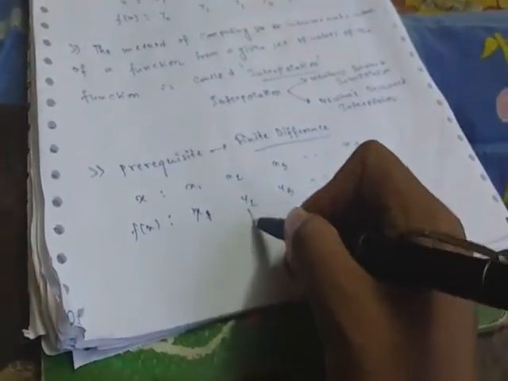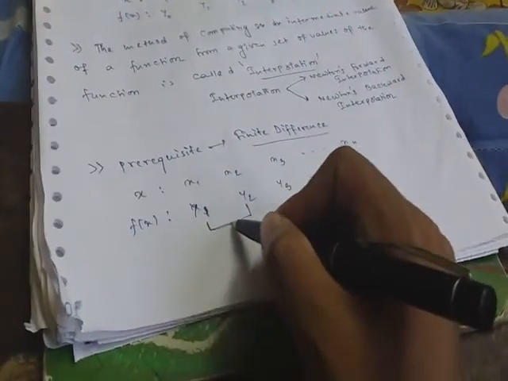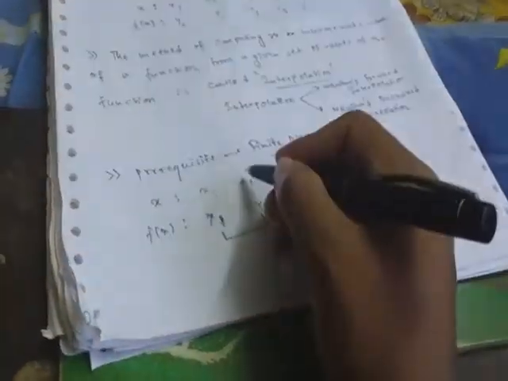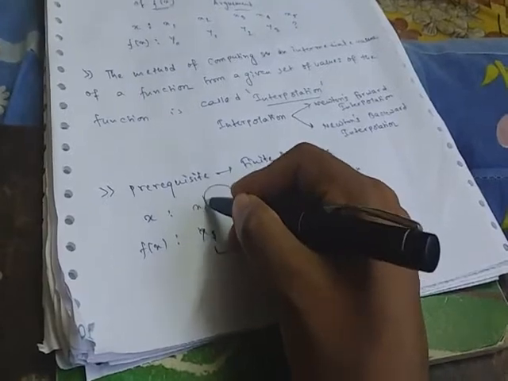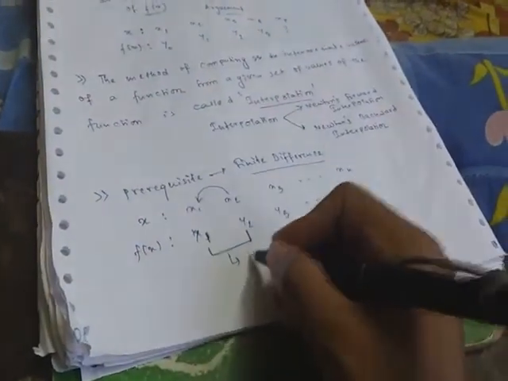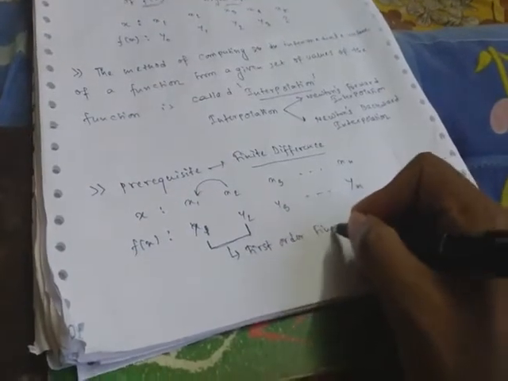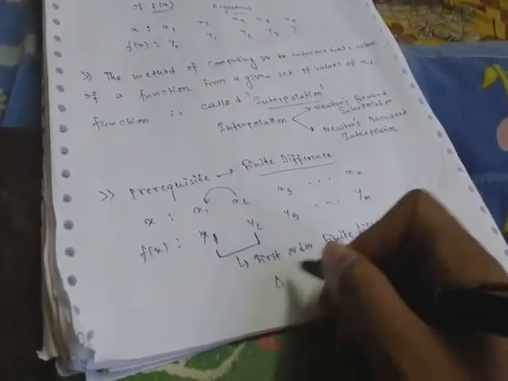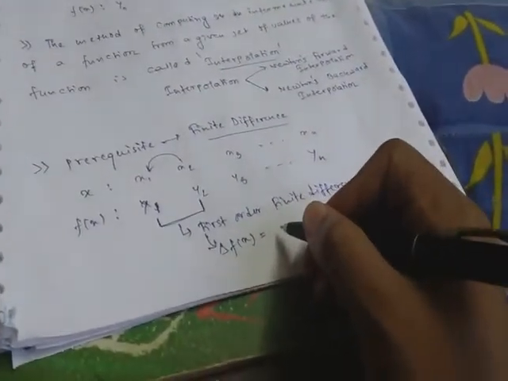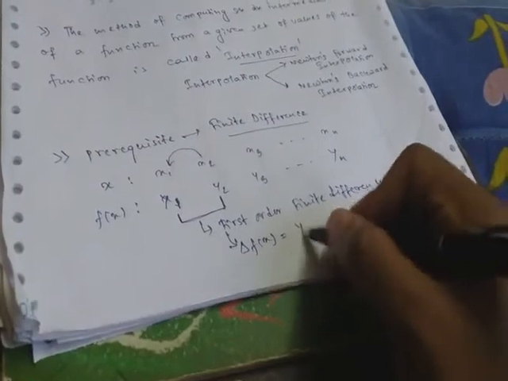The difference between these two entries, corresponding to x2 and x1, is the first order finite difference. So in this case, the first order finite difference will be y2 minus y1.